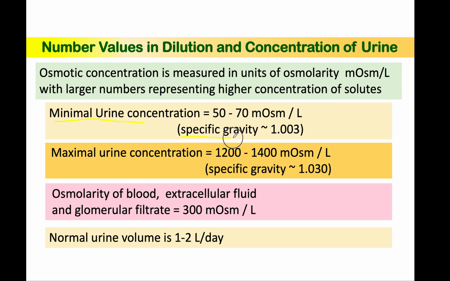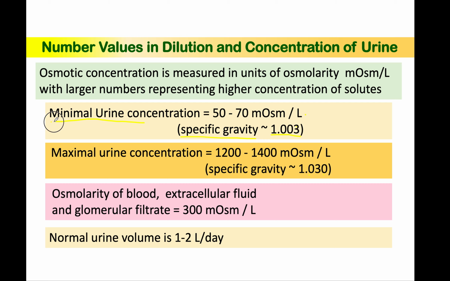Here we can see the specific gravity of the urine. It differs from book to book. In the lab book, it's 1.001, but here it's 1.003 if the urine is dilute, and it goes up to 1.030. It depends how much solids are in the fluid.